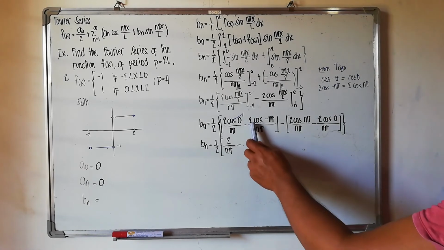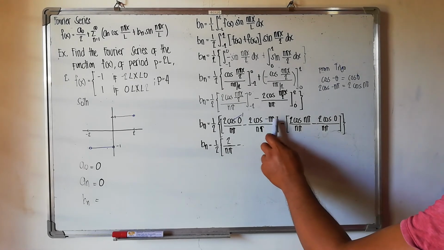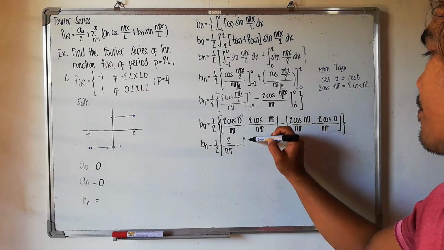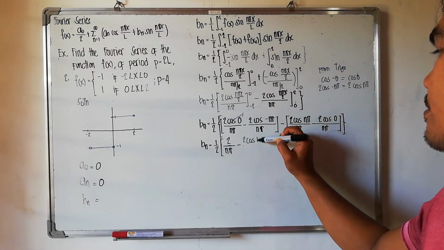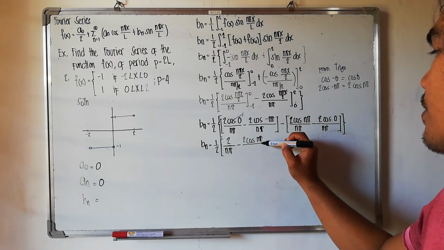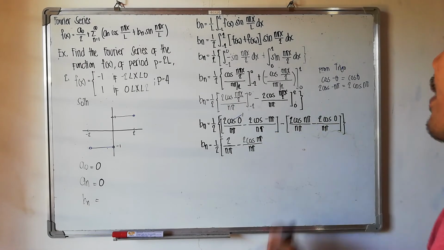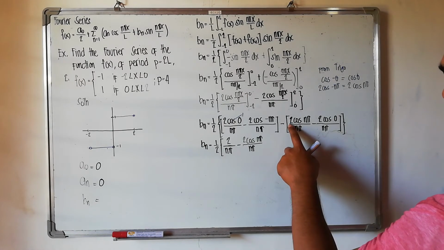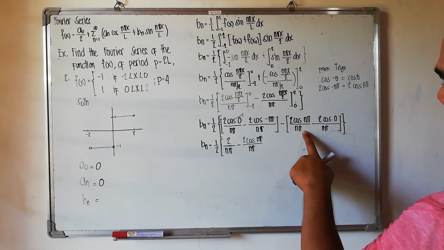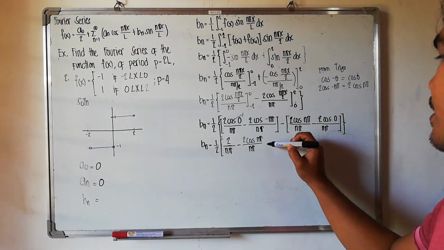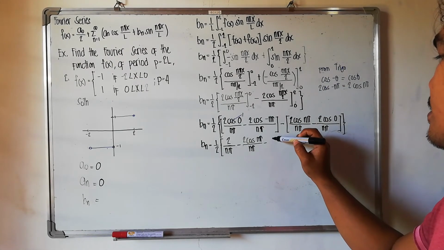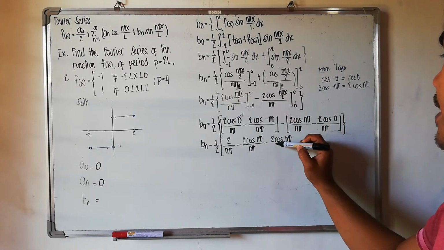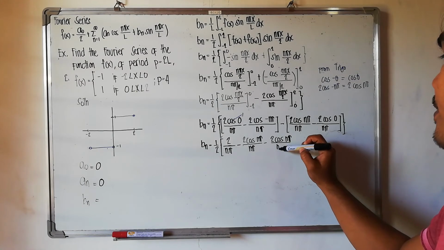So therefore, this function, 2 cosine negative n pi divided by n pi, is just equal to 2 cosine n pi over n pi. So, 2 cosine n pi over n pi times negative, so this will be negative minus 2 cosine n pi over n pi.